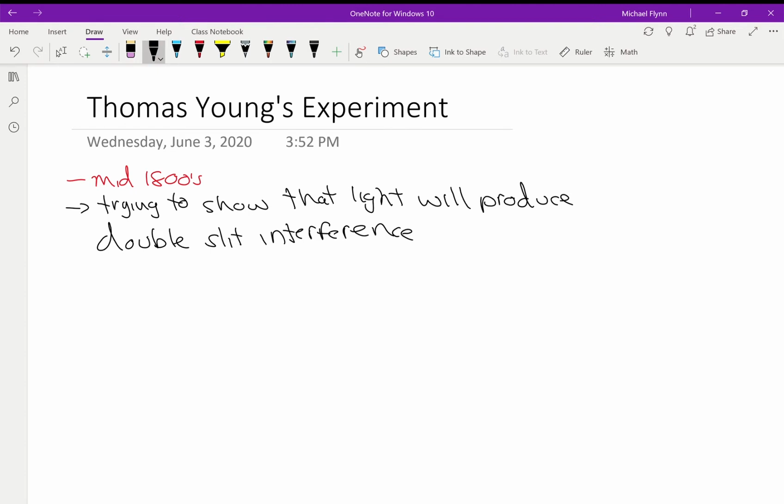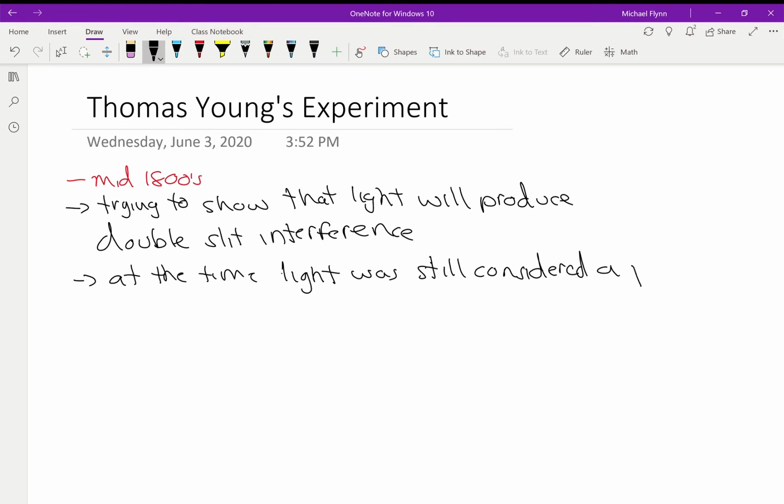Okay, at the time, light was still considered a particle, thanks to Newton's theory. You know, when in doubt, you go with the more famous guy, right?